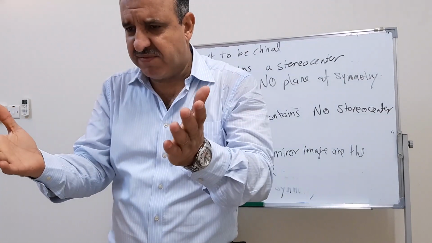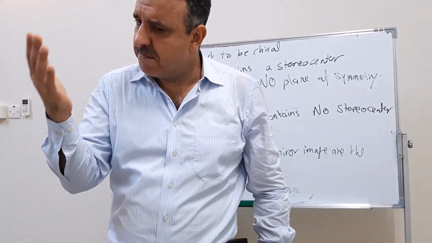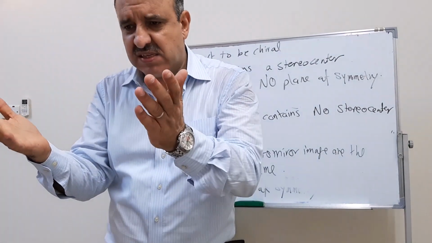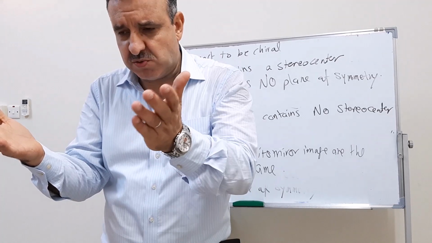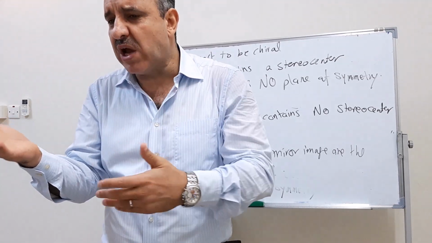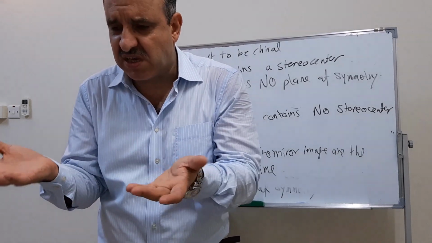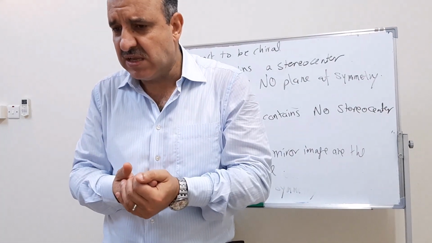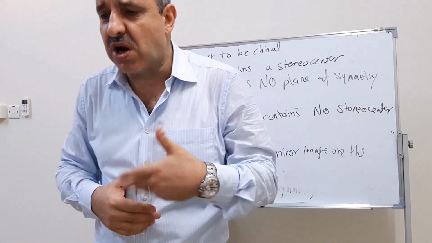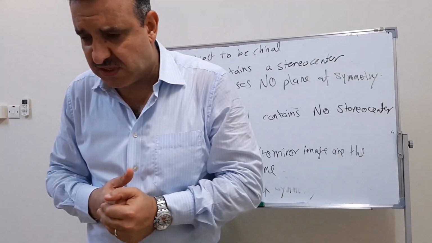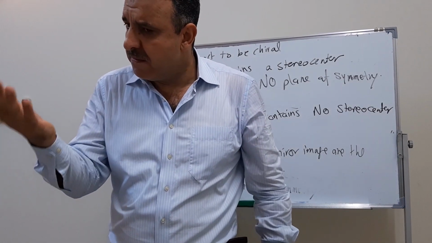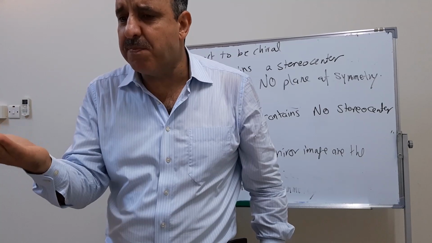In other words, we know that my right hand is different than its mirror image, which is my left hand. But how can I guess, for the hand as an object, whether it possesses chirality or not? It's the presence or absence of a plane of symmetry. So here, this object has no plane of symmetry.